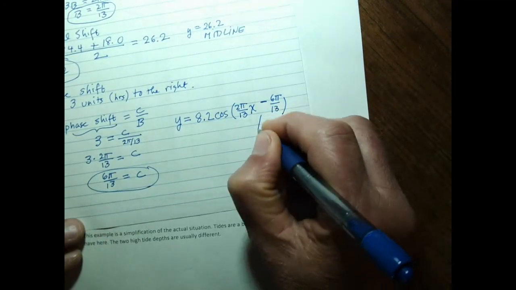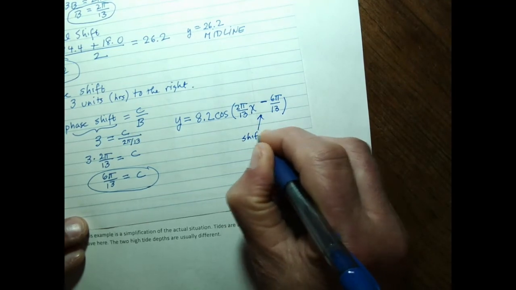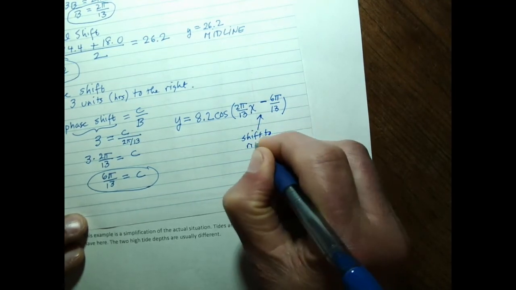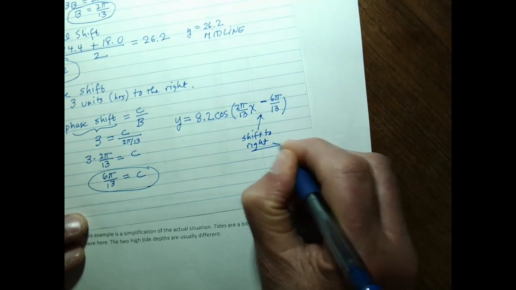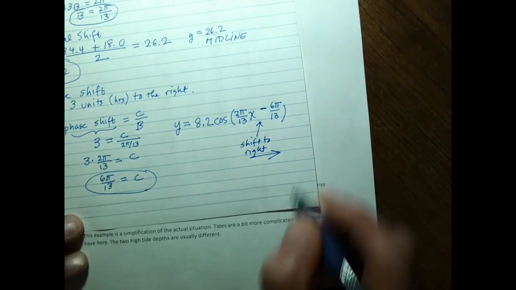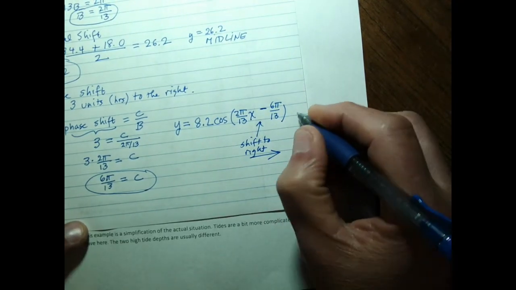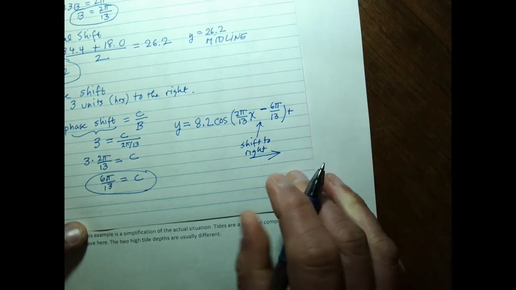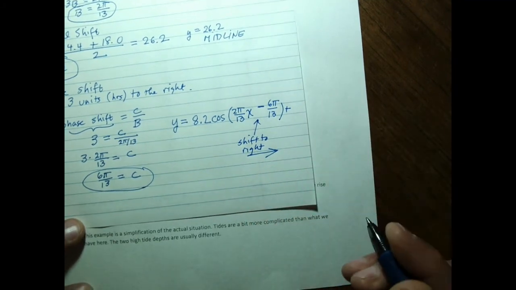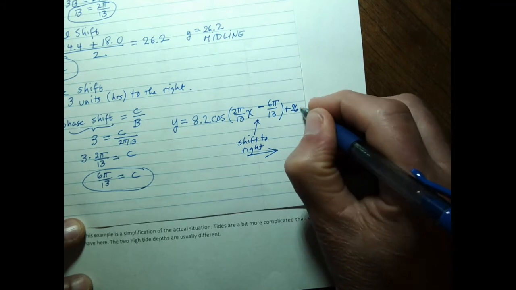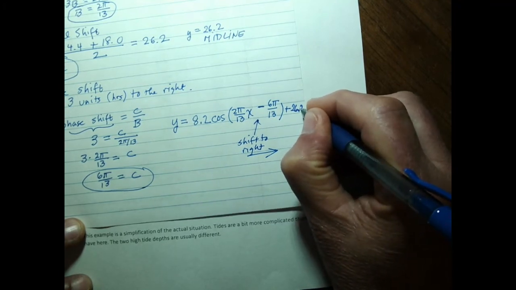Why is it minus? Because we shift to the right, so I know I'm shifting in a positive direction, the sign has to be minus. Plus my d value is plus 26.2.